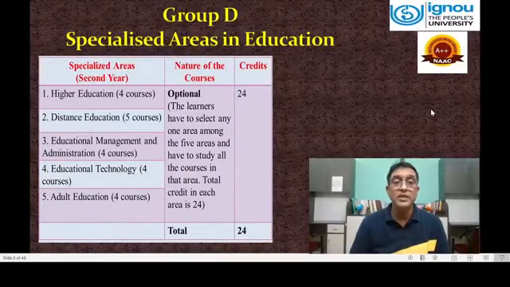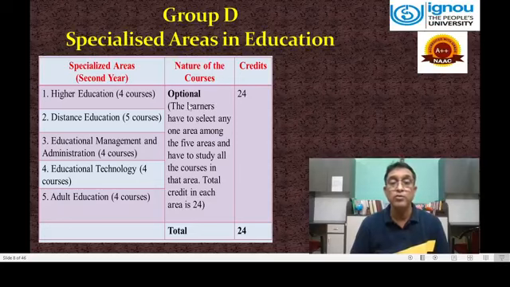Then Group D, that is the specialized areas in education. Here you will find 5 different specialized areas that you have to study in the second year. The learners have to select any one area among the 5 areas and study all the courses in that area. The total credit in each area is 24.